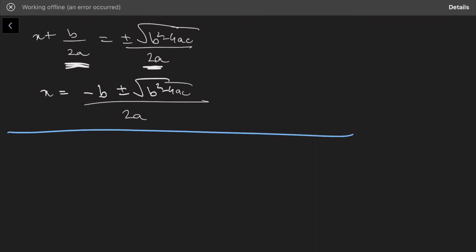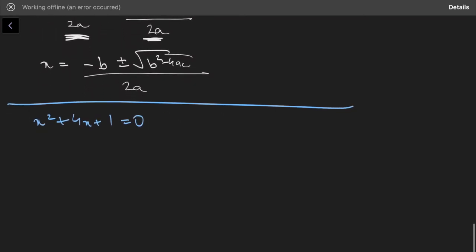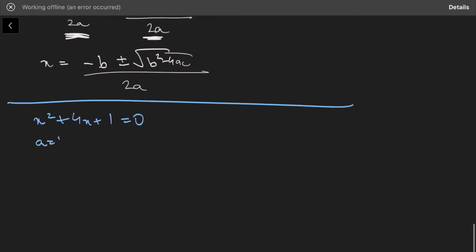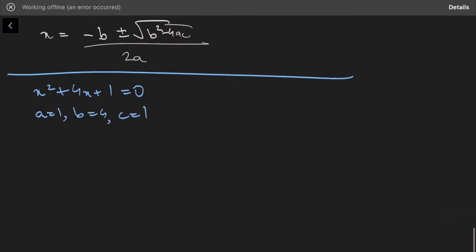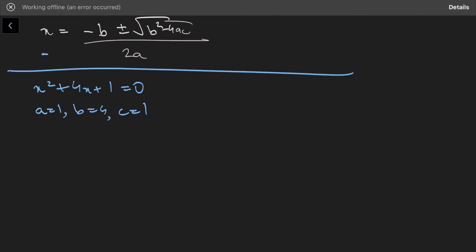So yeah, let's take the first example we took, that was x squared plus 4x plus 1 is equal to 0. Now let's plug in the values. a is equal to 1, b is equal to 4, and c is equal to 1. Let's plug in the values over here.